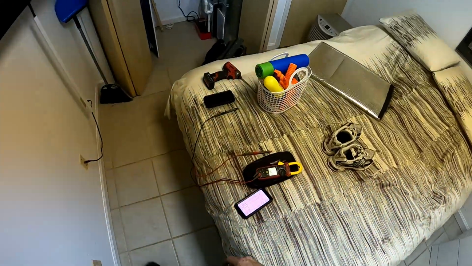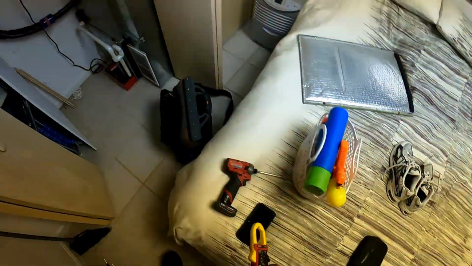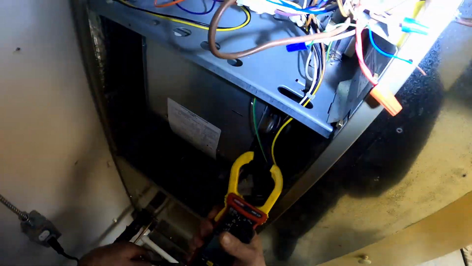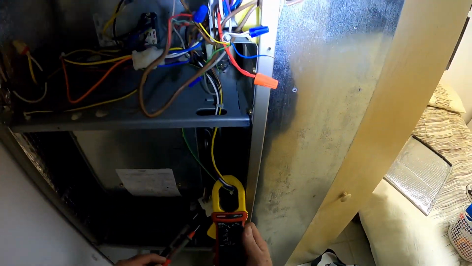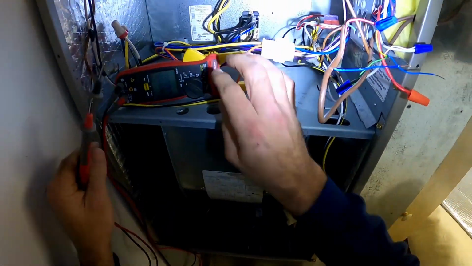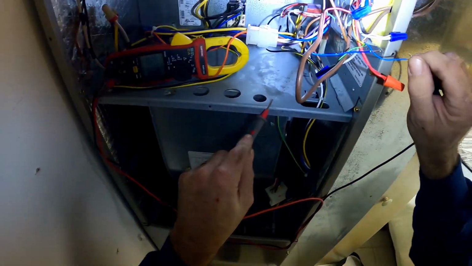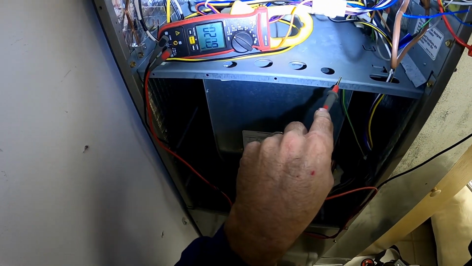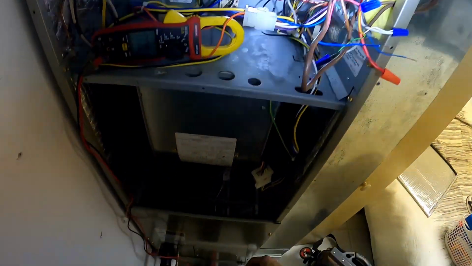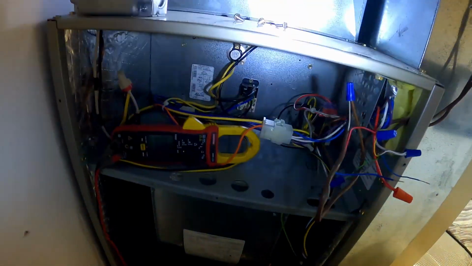Let's try it again. I hear a heat pump. Now let's see. Do I have power on B? And I do. I have power on B. So now, of course, I need a wire nut.